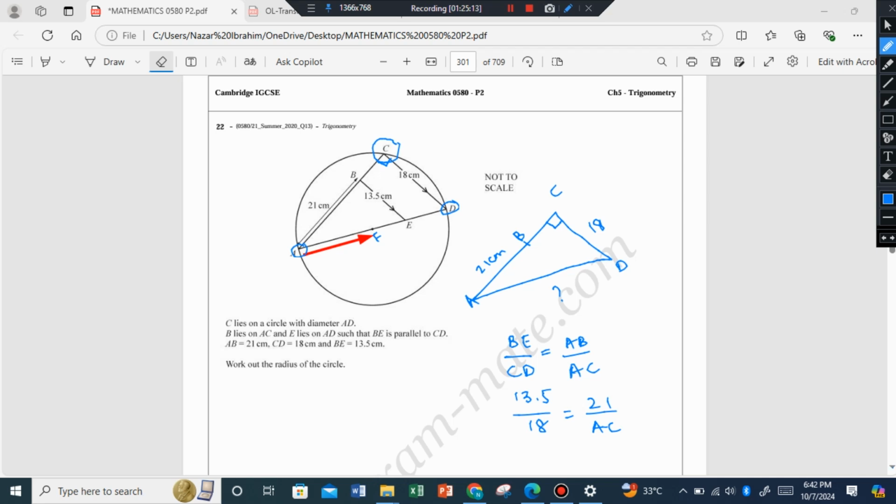So cross multiplying, I will get AC is equals to 21 multiplied by 18. 18 will go over there, 13.5 will go over here, and AC will go over there, right? So 21 multiplied by 18 upon 13.5, and the value of AC which I am getting through the calculator is 28 centimeter.